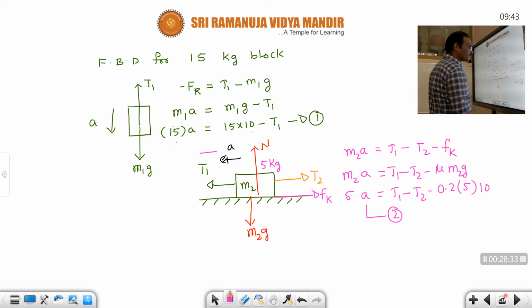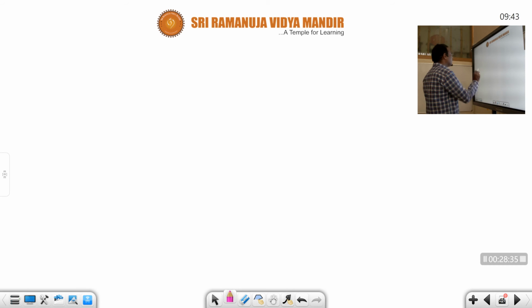And then next, if you consider the M3 block, let us see the free body diagram for M3.